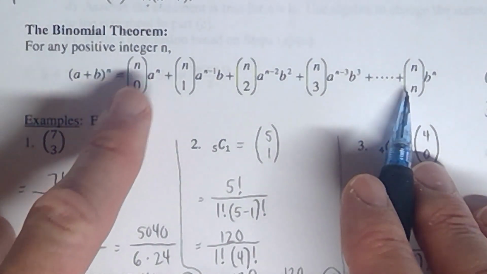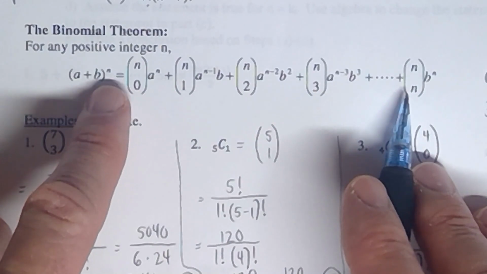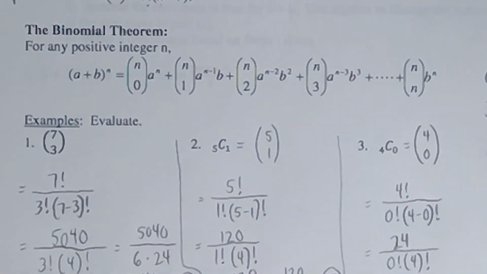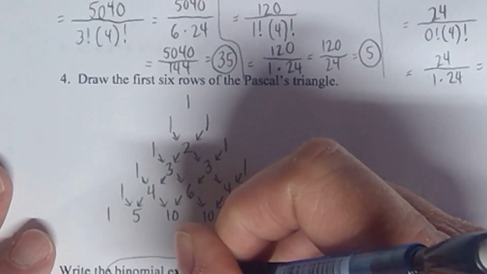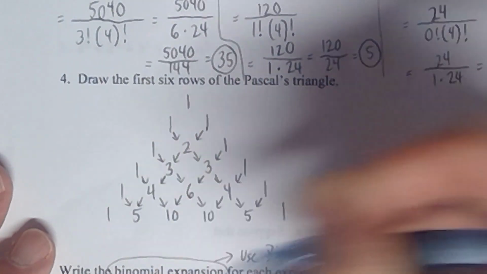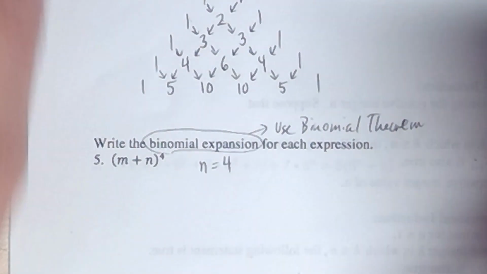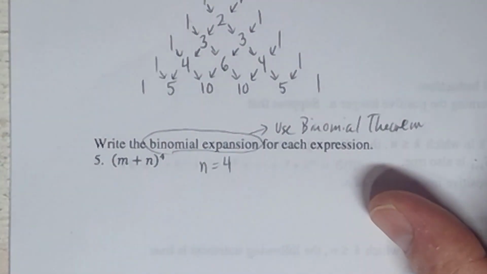And the skinny brackets always start out with n. Well, what is n? N is the exponent in the original problem that's on the outside. In fact, let's write that down right there. The n number is 4. I'm going off of the formula that's up here at the top.